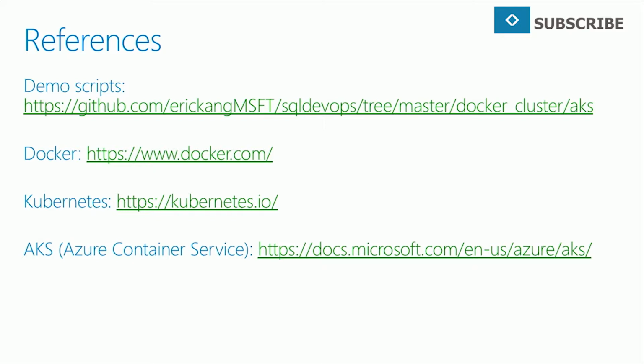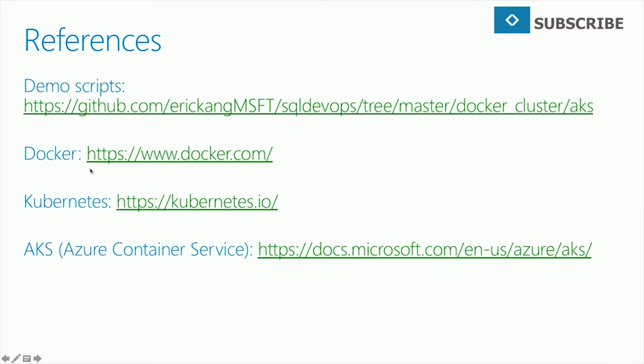There is a lot of content in this module. All of those scripts and the steps are uploaded into my GitHub project. So you can get that demo script and you can replay the same flow by yourself.